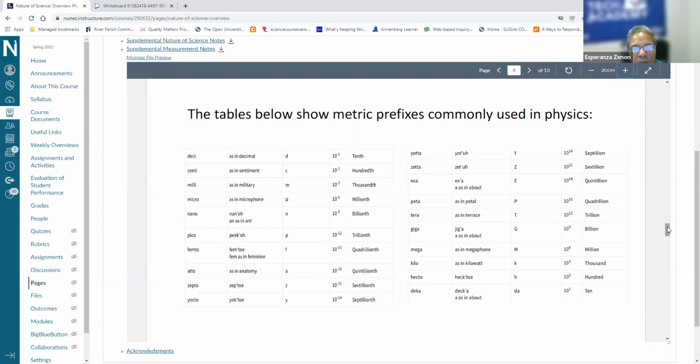Okay? So what these metric prefixes represent are ways that we can make multiples of and fractions of our base properties and base units. You can take any one of our properties and put one of these prefixes on it, and that allows us to communicate consistently.